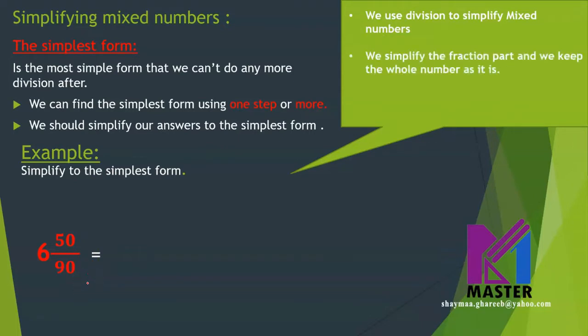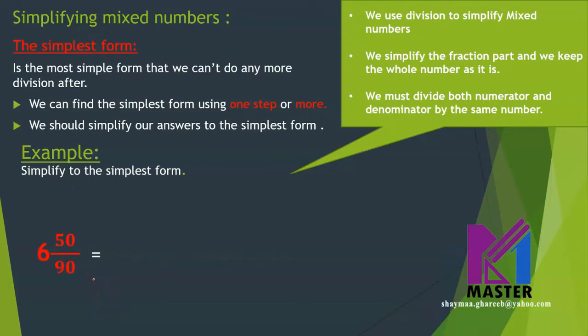We simplify the fraction part and we keep the whole number as it is, so only the fraction part will be simplified, okay? And I will keep the whole number, which is the 6, as it is. What else? We must divide both numerator and denominator by the same number. Is this clear?